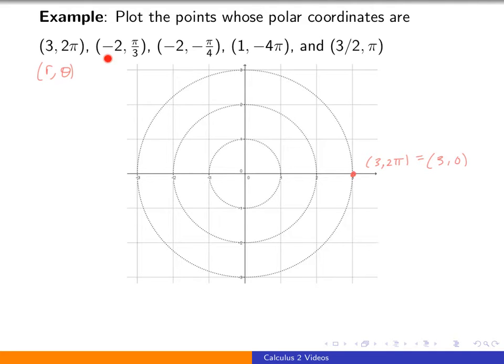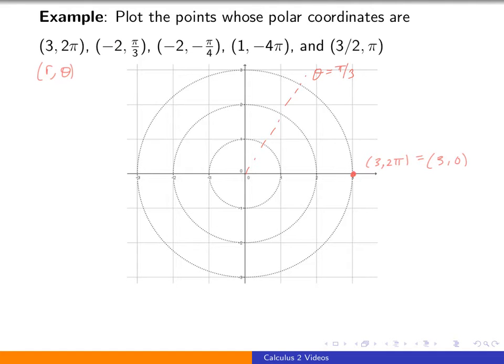Okay, on to the next point, minus 2 comma pi thirds. So pi over 3, note, is 60 degrees. So roughly, let's say right about here, theta equals pi over 3. But the new thing is, how do we handle this negative r value?